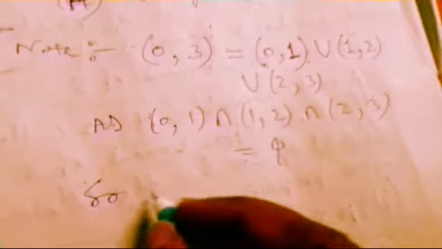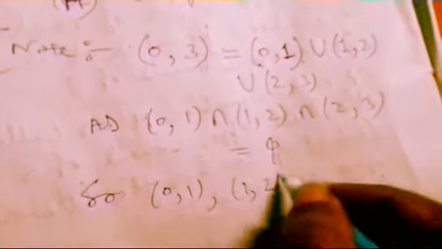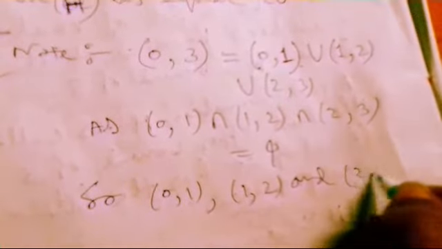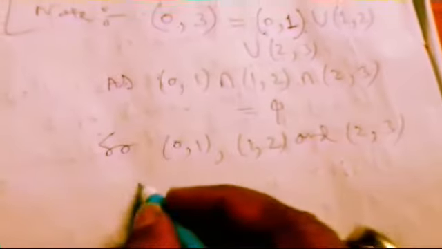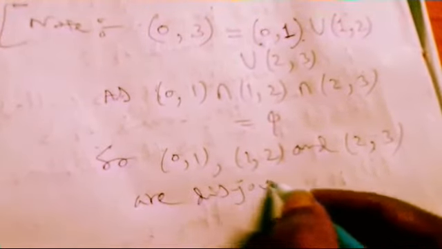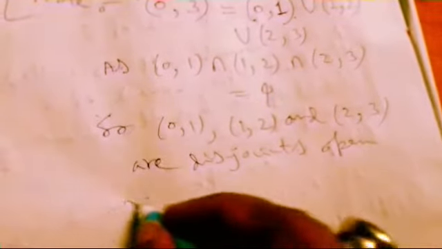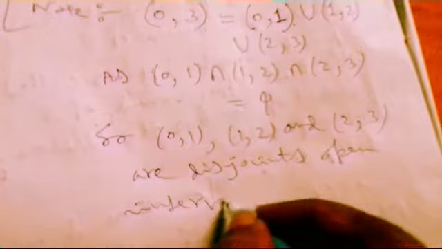So (0, 1), (1, 2) and (2, 3) are disjoint open intervals. But the union of these three gives (0, 3).